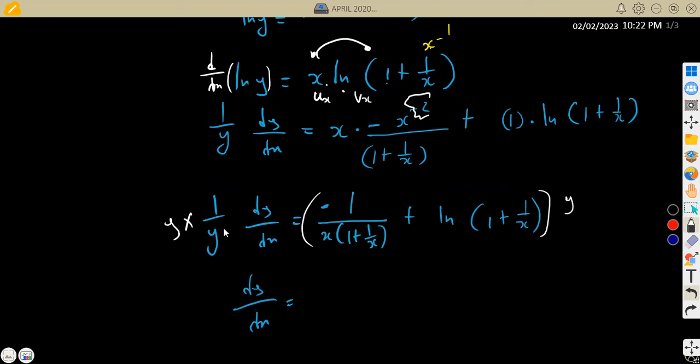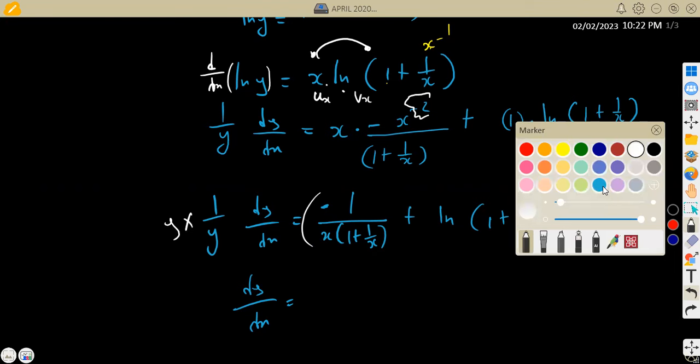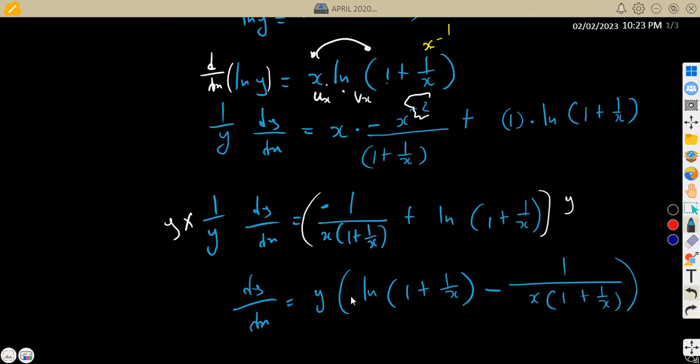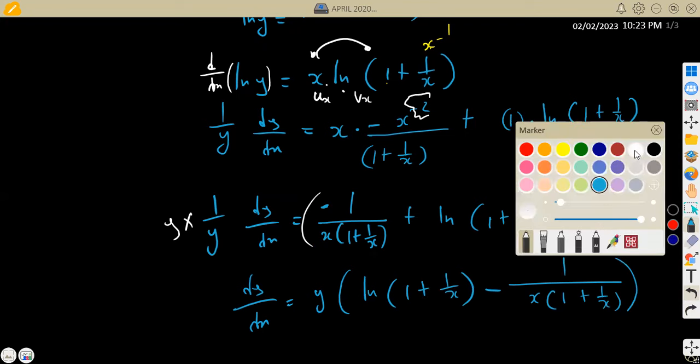So we are going to have y into, instead of writing the negative first, you can even start with this part of ln: ln of 1 plus 1 over x. Then we subtract 1 over x into 1 plus 1 over x. All right, so that is what we have, but still our answer, if we check, is in terms of y.